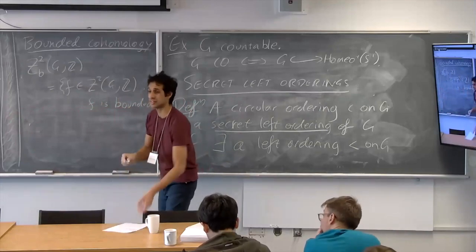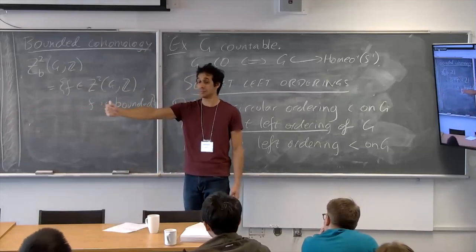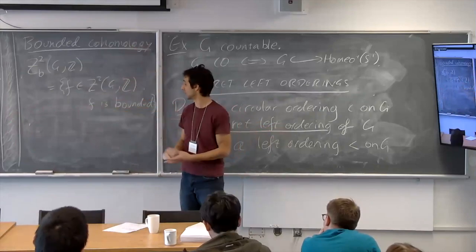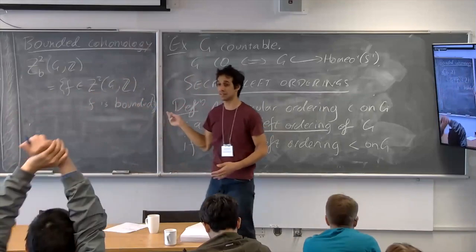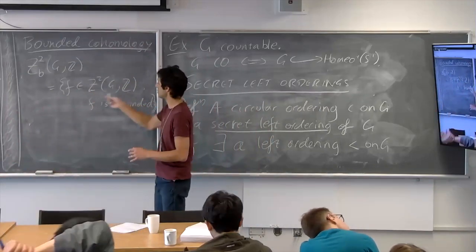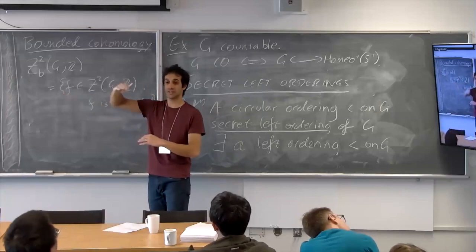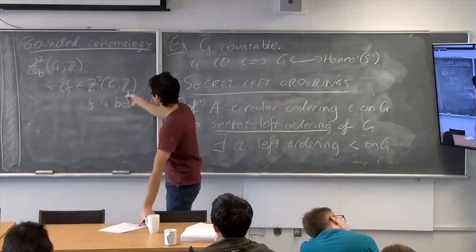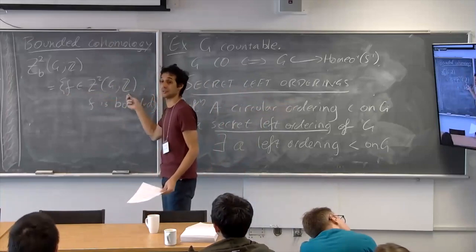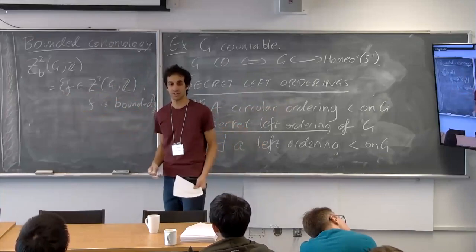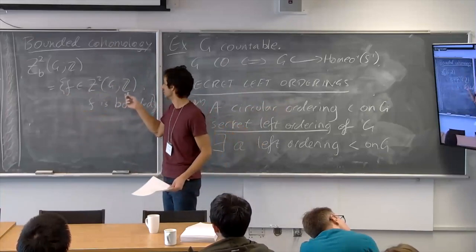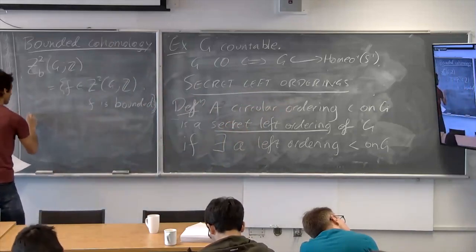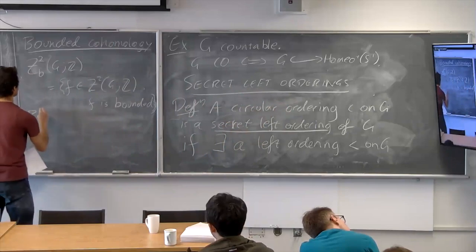This is a map to Z, so it means there's some uniform upper bound for all the values that this particular function can take. There's not a uniform upper bound over all functions. Functions could get arbitrarily big, but each function itself is bounded. So this only makes sense when you have coefficients which are ordered, where there's some notion of a bound. This doesn't make sense if you change these coefficients to Z mod n. And the same for the coboundaries.